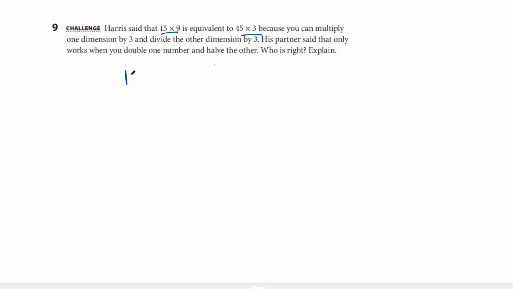So is 15 times 9 equal to 15 times 3, 45, times 9 divided by 3, 3? Is that the same thing?